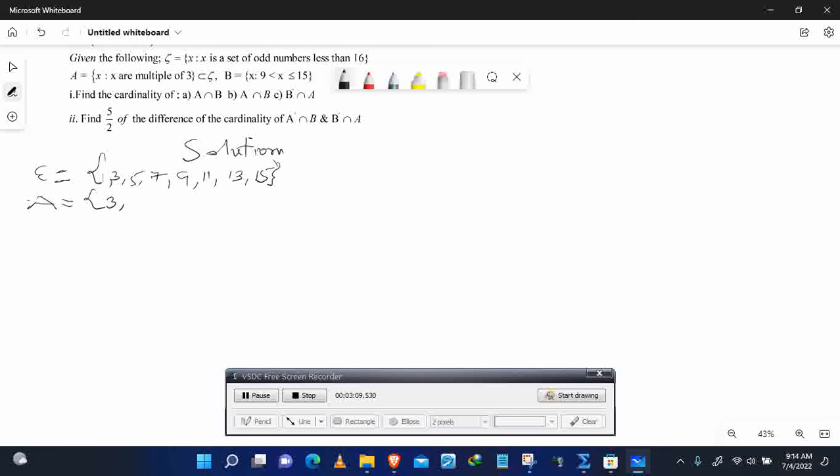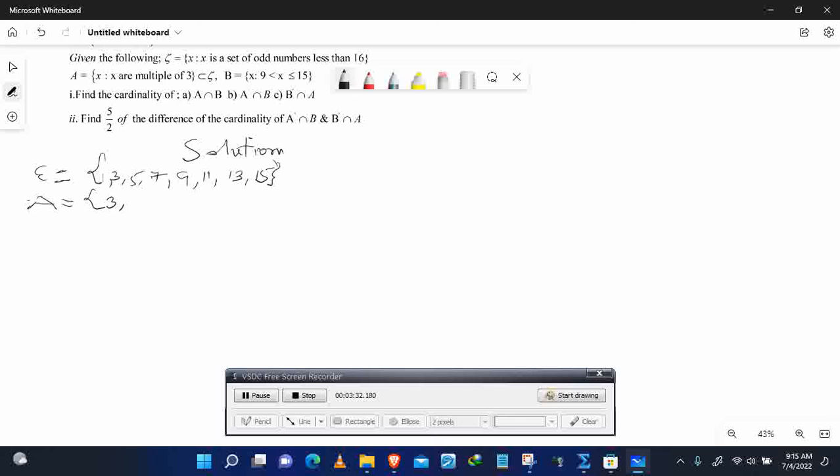But you notice here that the set A happens to be a subset of the universal set. And if we consider the multiples of 3 within this set, 6 is not an element of the universal set, so we are not going to consider it.